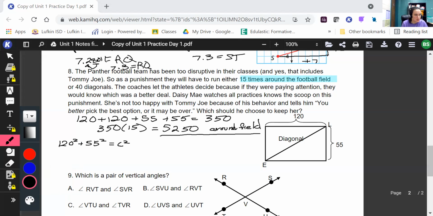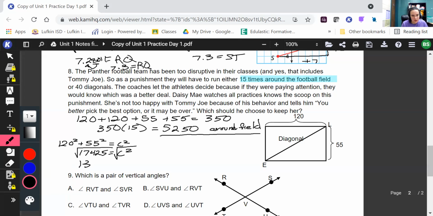And 120 squared plus 55 squared is 17,425. And then we'll take the square root of that.